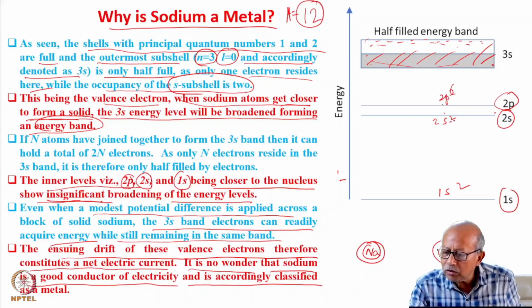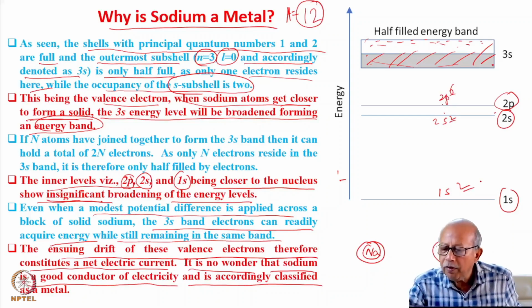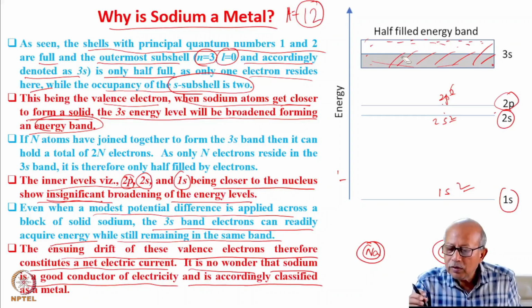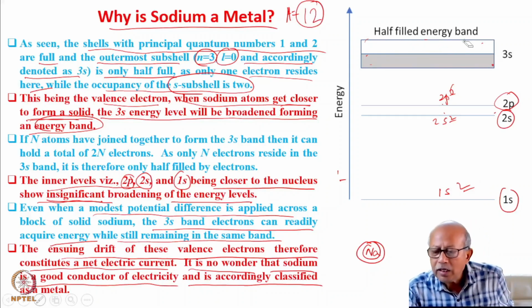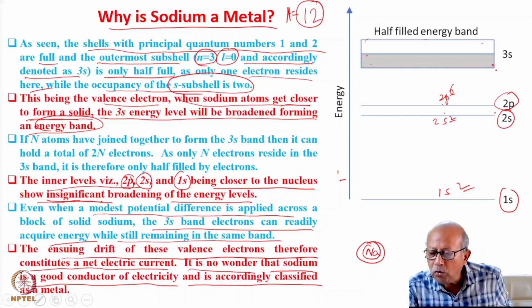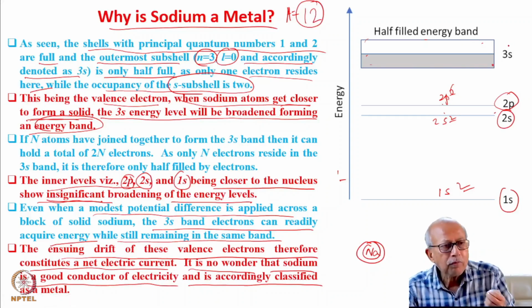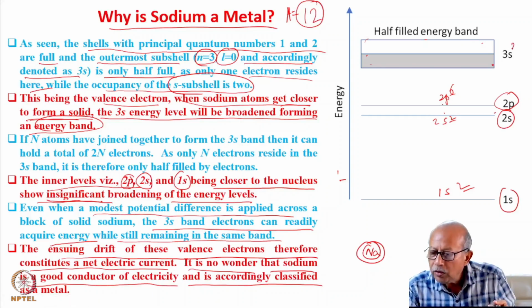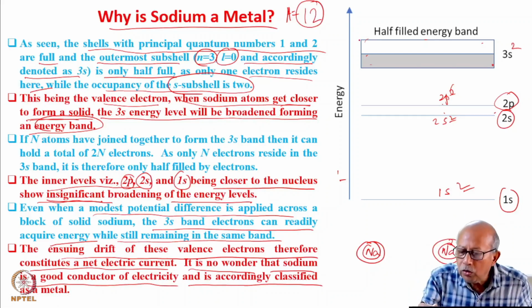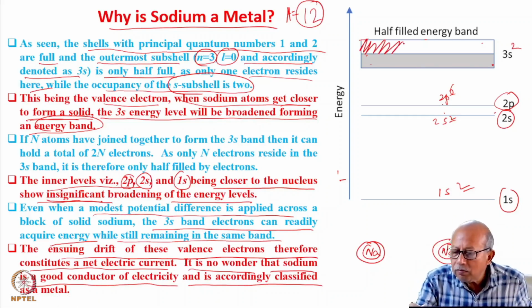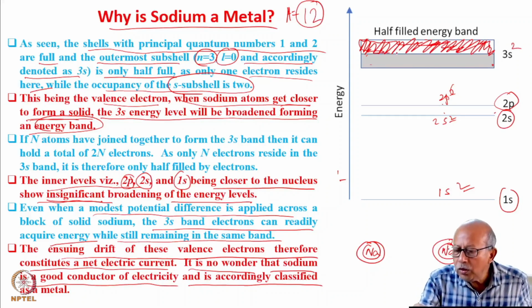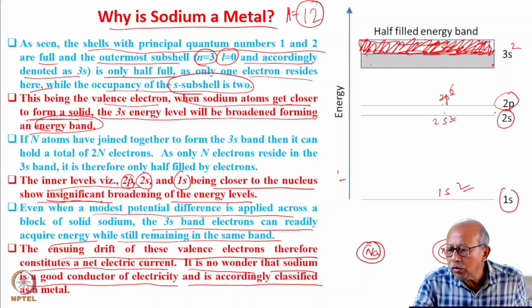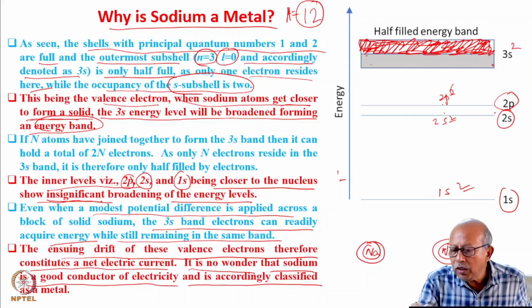So 6 plus 2 plus 2, 10 are already gone. Then here in the third orbit, the s subshell, you have 2 more electrons to be placed. So it goes into 3s2. So that entire subshell is full. Now there are 2, 2 electrons can go there, and therefore it is completely full.